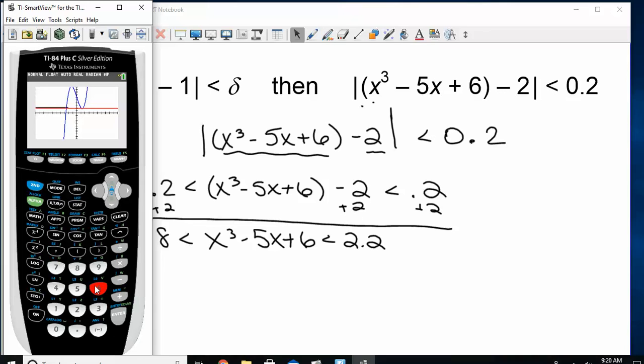I have my 1.8 and my 2.2. Probably going to have to zoom in a little bit before we can really see this, aren't we? So I'm going to zoom in and see if this helps.